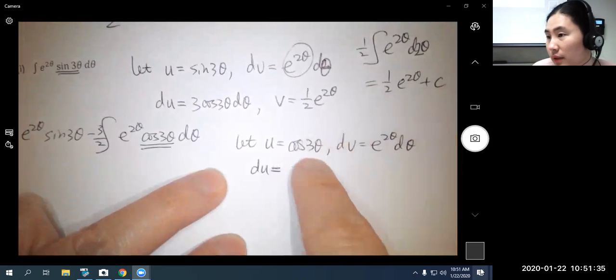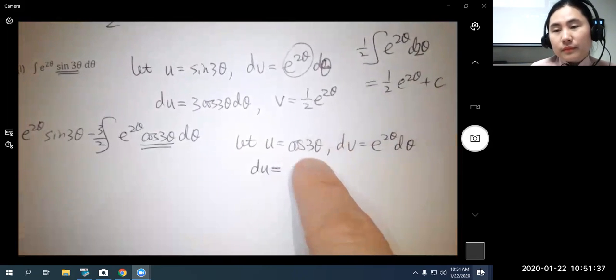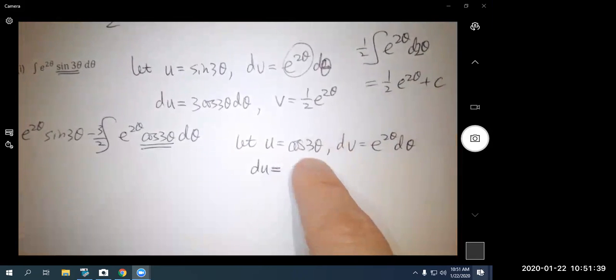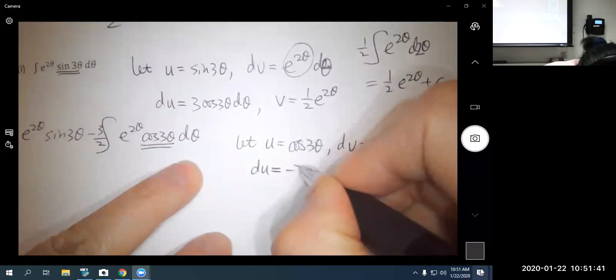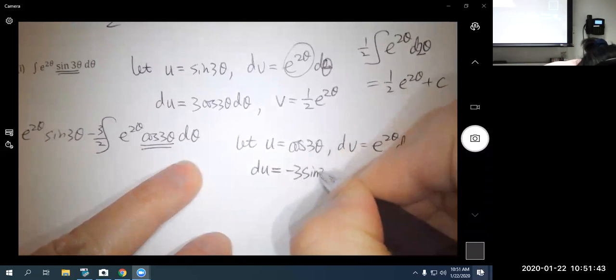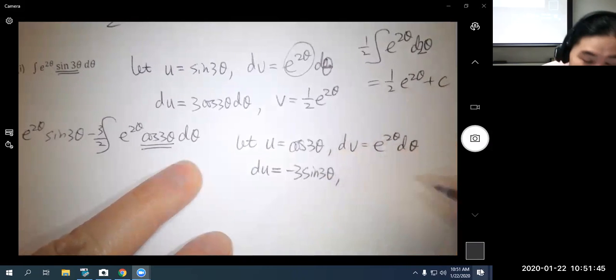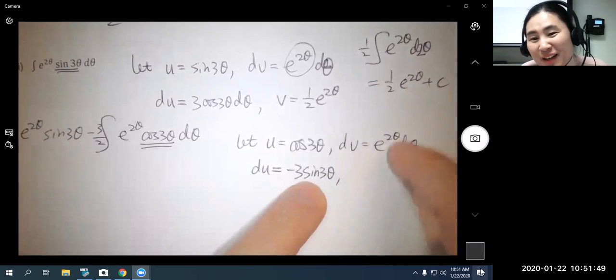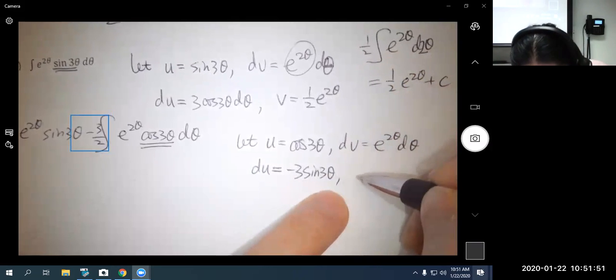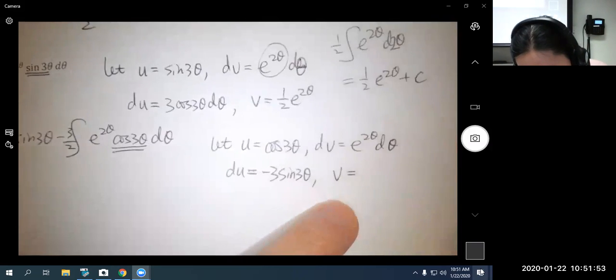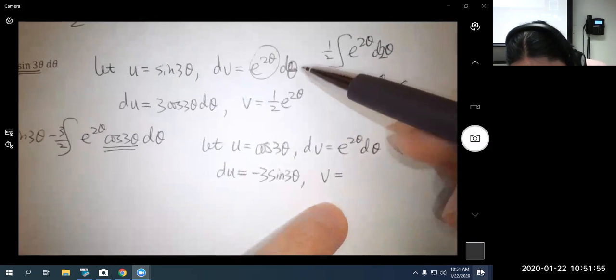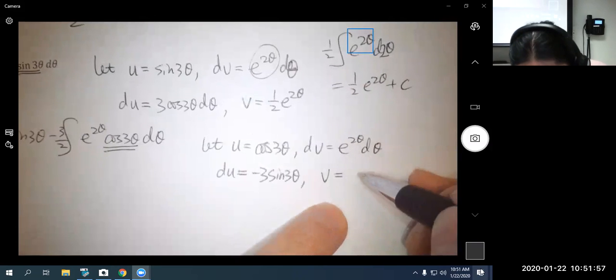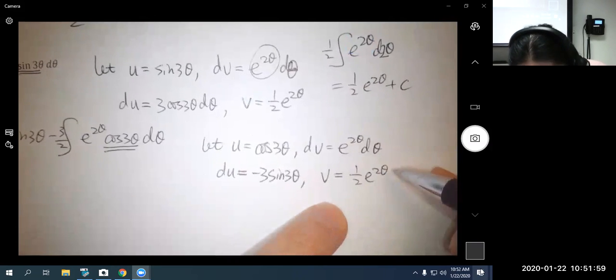The derivative of cosine 3 theta is -3 sine 3 theta. And then what is the antiderivative? We just did it for v: 1/2 e to the 2 theta, same thing.